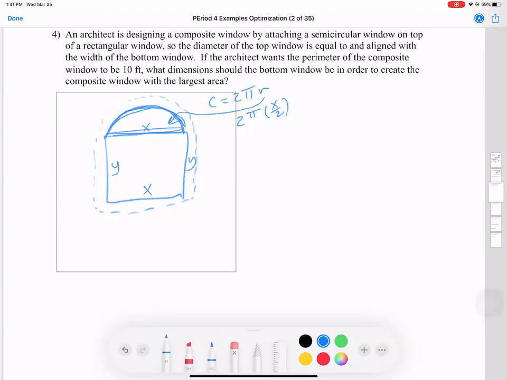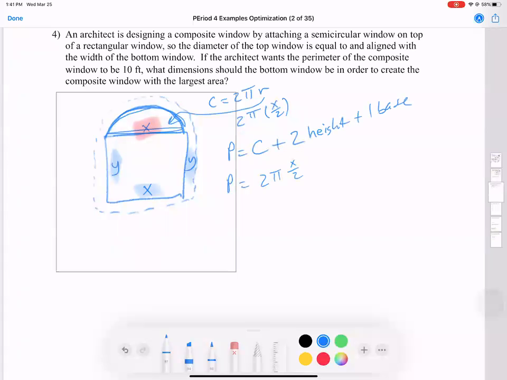On the rest of the rectangle, we do not count this section up here, because that's not the perimeter. We're going to add this section, this section, this section together. So the perimeter is made up of the circumference plus 2 of the heights and 1 of the base. So the perimeter is 2 pi x over 2.